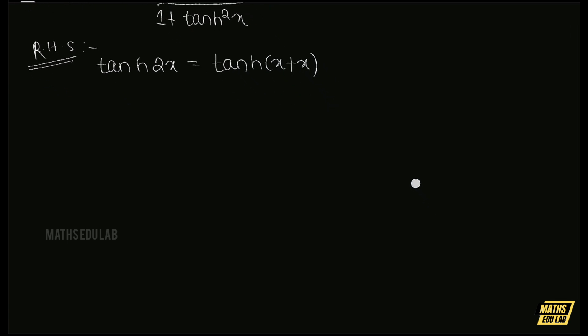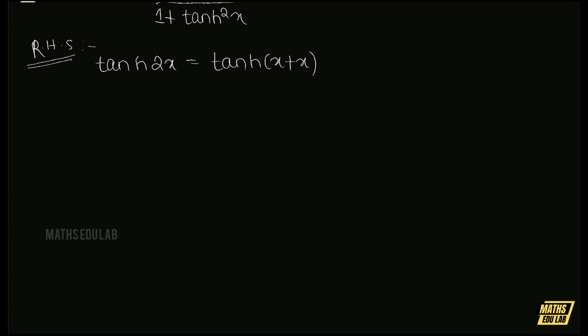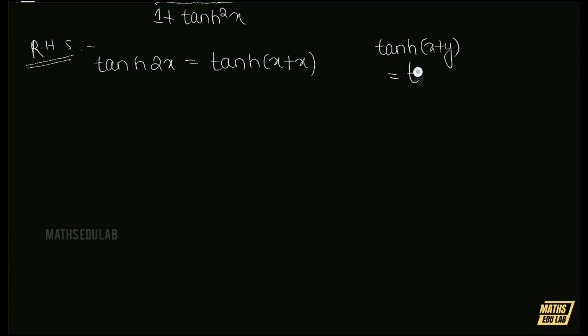So we know the formula of tan hyperbolic x plus y, which is nothing but tan hyperbolic x plus y is equal to tan hyperbolic x plus tan hyperbolic y upon 1 plus tan hyperbolic x into tan hyperbolic y.